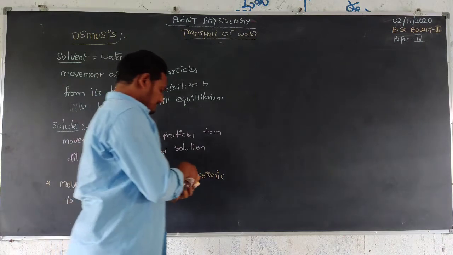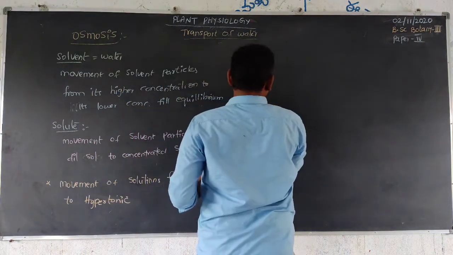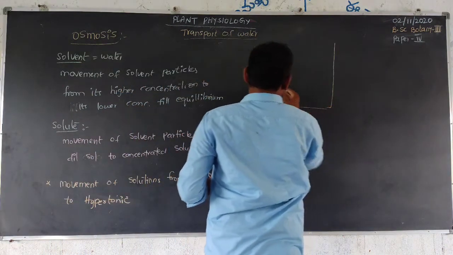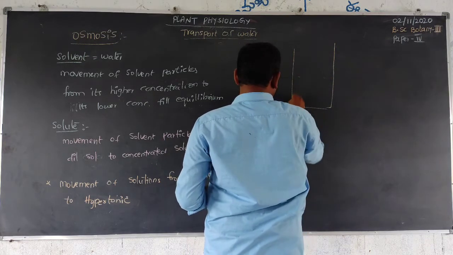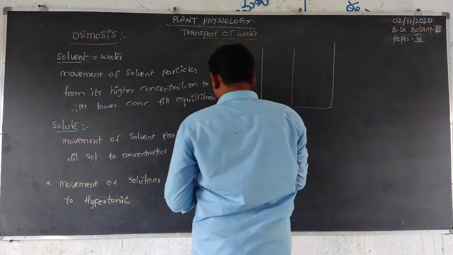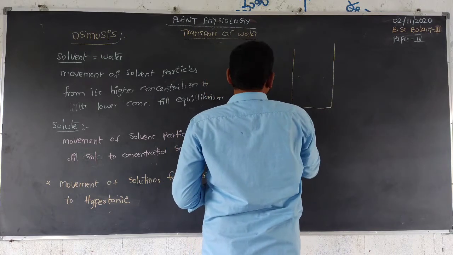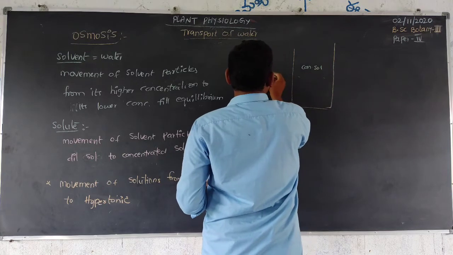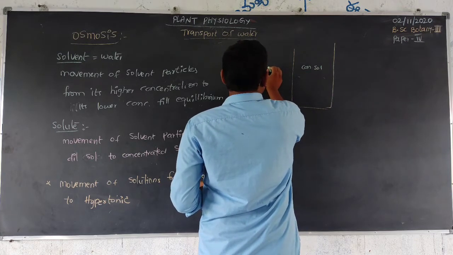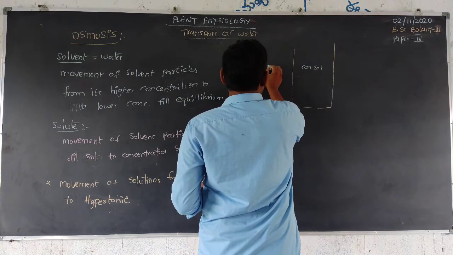It means this is one container, this is the water, this contains two compartments. Here is concentrated solution, and here we have taken general solution or general water, solvent.